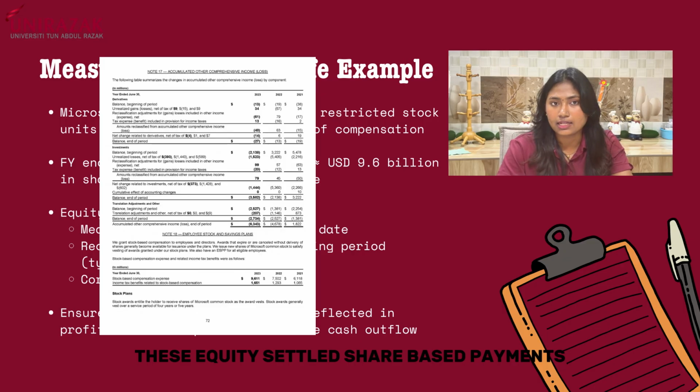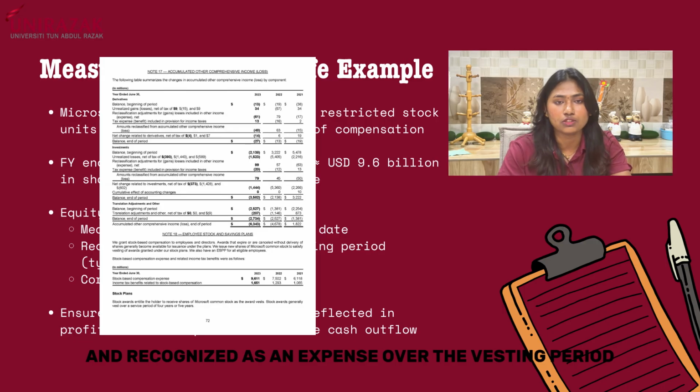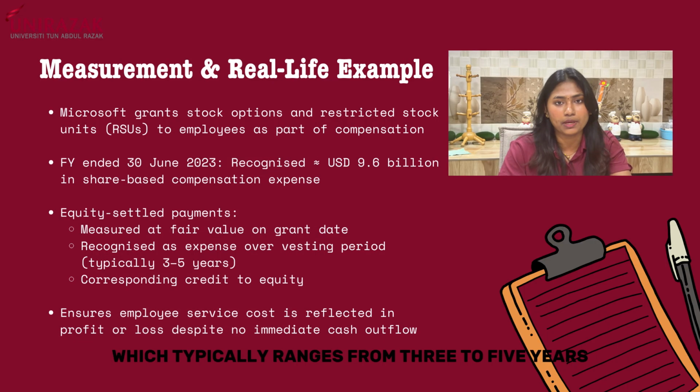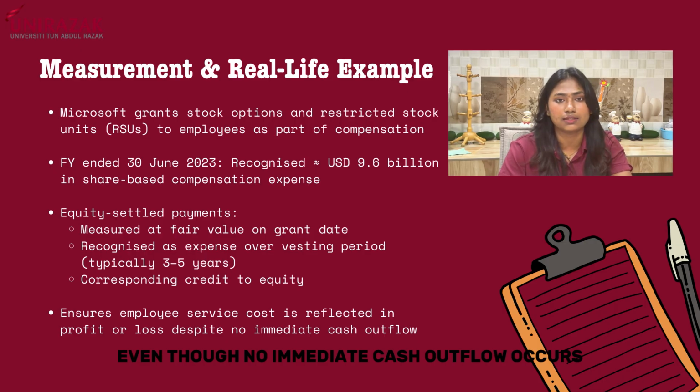These equity-settled share-based payments are measured at fair value on the grant date and recognized as an expense over the vesting period, which typically ranges from 3 to 5 years, with a corresponding credit to equity. This treatment ensures that the cost of employee service is properly reflected in Microsoft's profit or loss, even though no immediate cash outflow occurs.